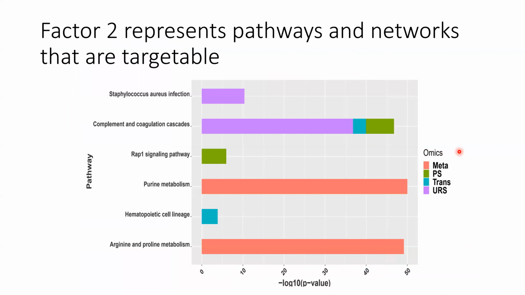When we performed pathway enrichment analysis for the top features extracted from MOFA factor 2, the complement and coagulation cascade pathway was enriched in at least 3 omics data types. Some pathways were enriched only in specific omics data types, for example, purine metabolism was enriched only in the metabolites.